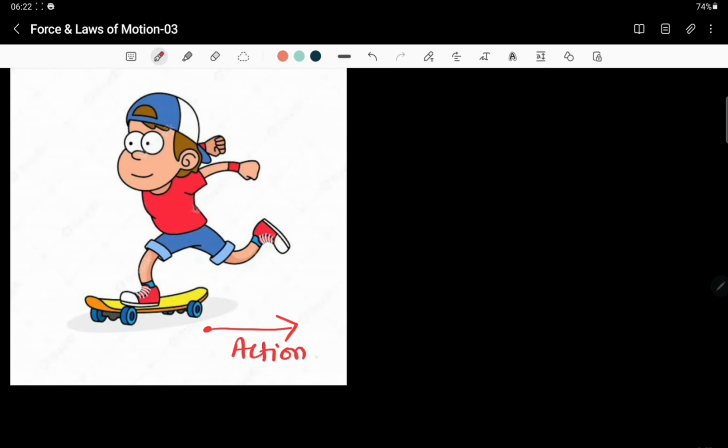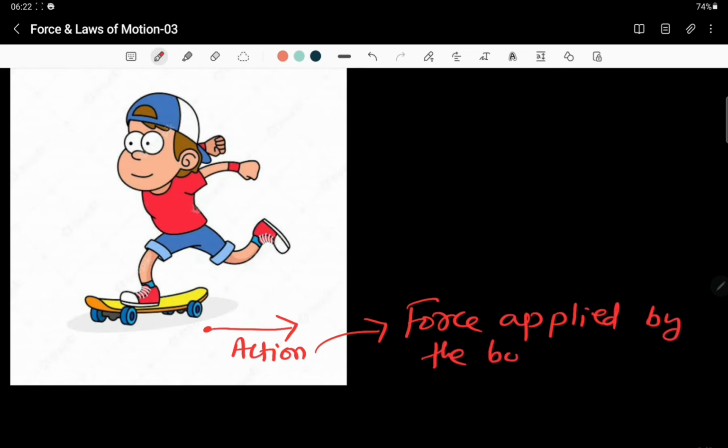So what is this action? Tell me. This action is the force applied by the boy on the road. Now he will move forward, no? As he has applied some force, he will have some reaction. All right, so what is this reaction?